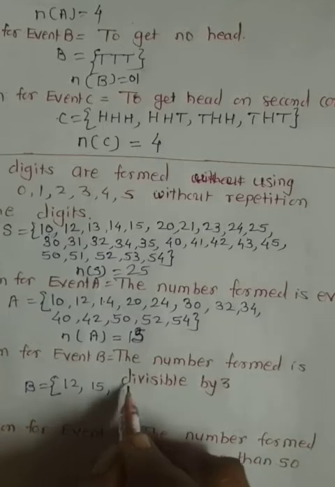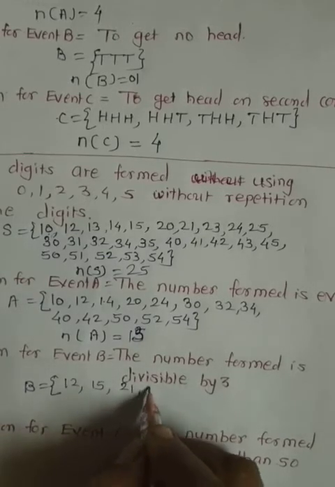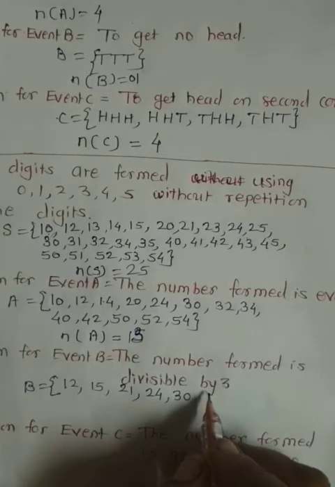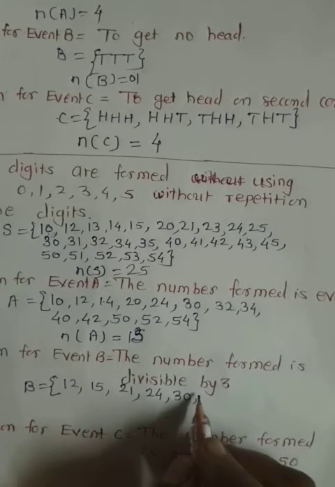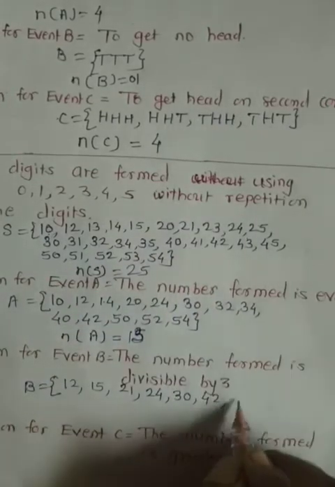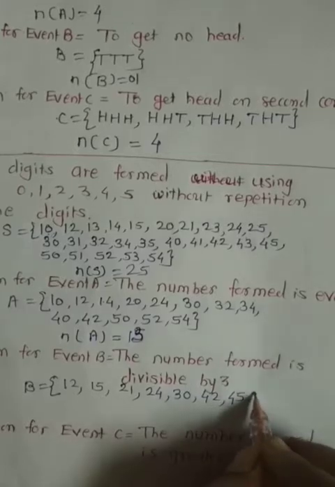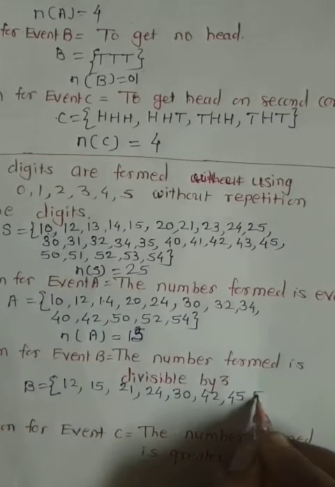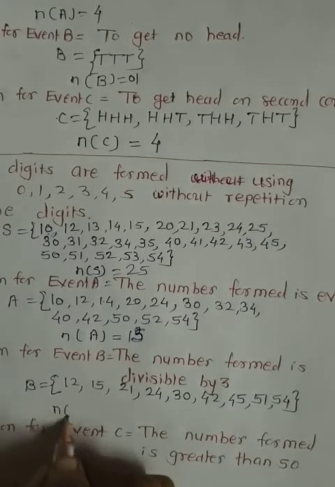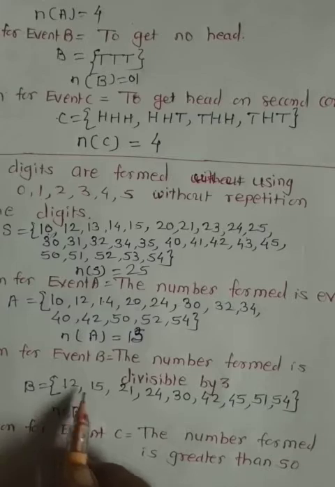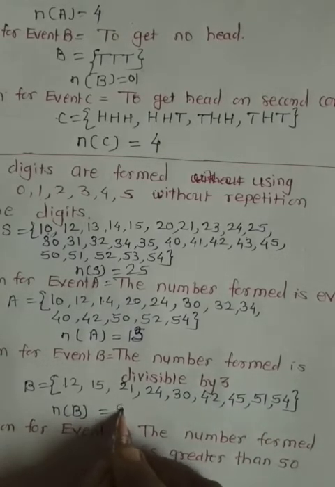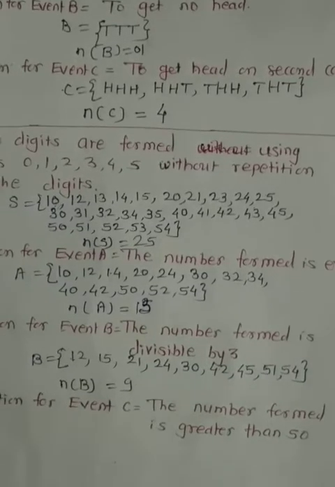After that 15, 21, 24, 30, next one that is 42, 45, again 5 and 1 means 51 and 54. Therefore number of B is equal to 9. Means in this way we write those events.